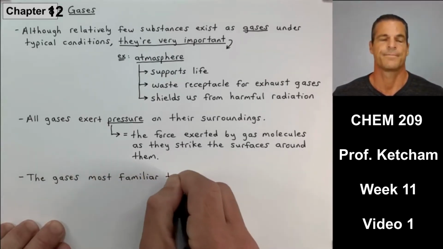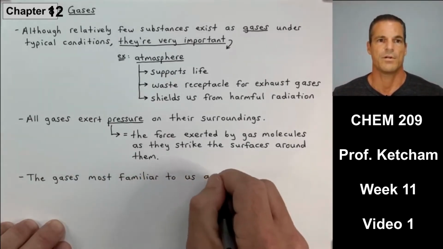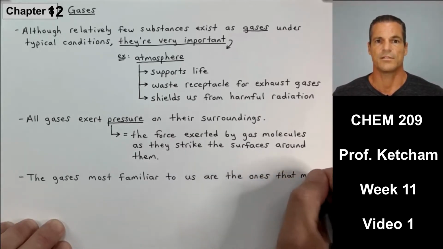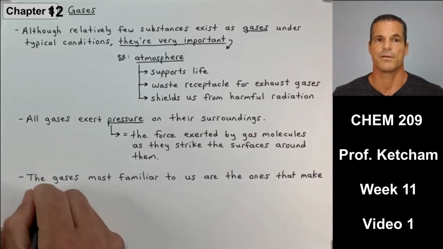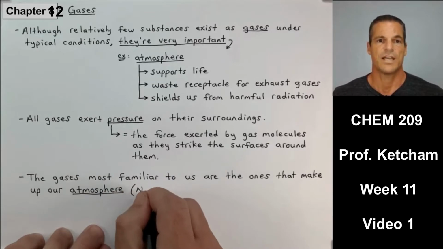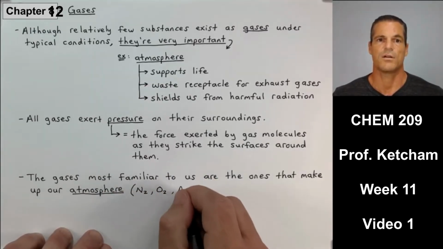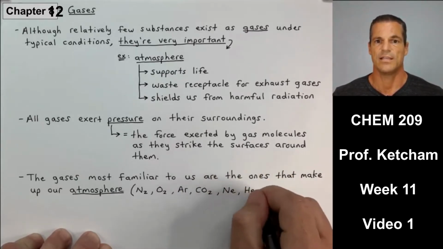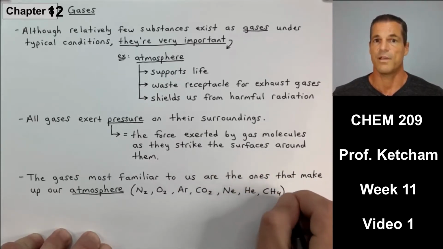So if they're in a sealed container, then the gas pressure is the molecules striking the insides of that container. Third bullet point I want to mention here is the gases most familiar to us are the ones that make up our atmosphere. And in parentheses here, I've got some of the gases that make up our atmosphere: nitrogen, oxygen, argon, carbon dioxide, neon, helium, CH4 is methane.